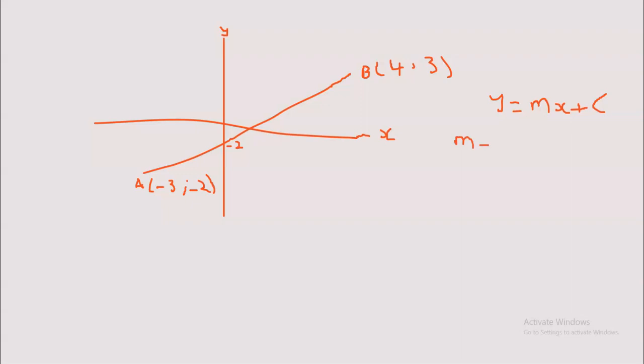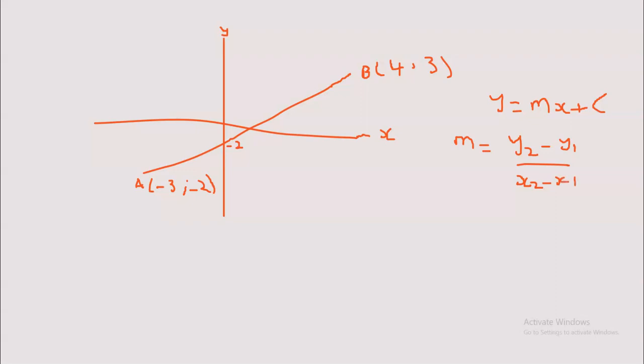There's a formula to find the gradient, which is y2 minus y1 over x2 minus x1. We're just going to use 2 different points on the graph to find our gradient. So we've got A and B as our points to use now.